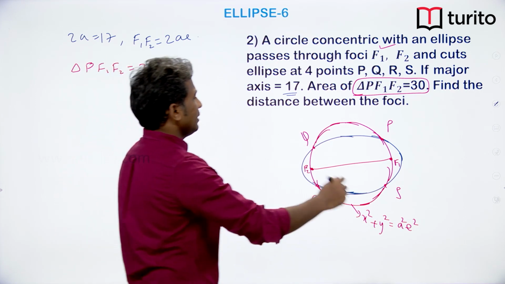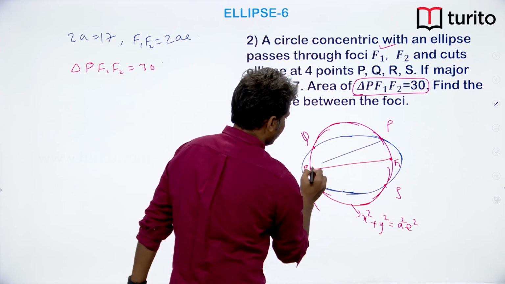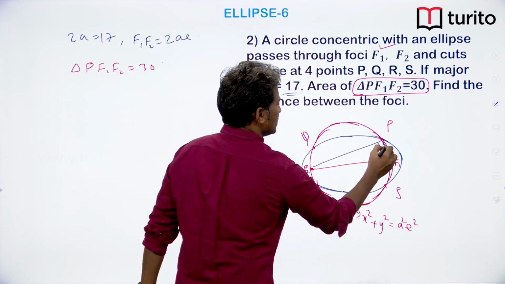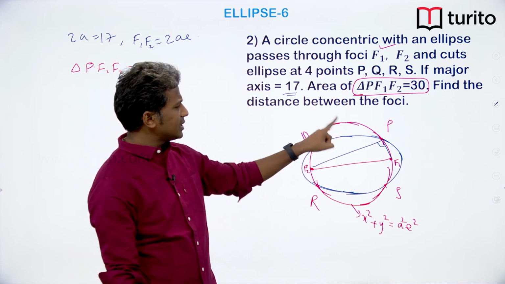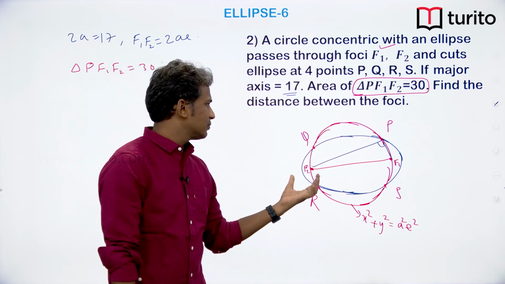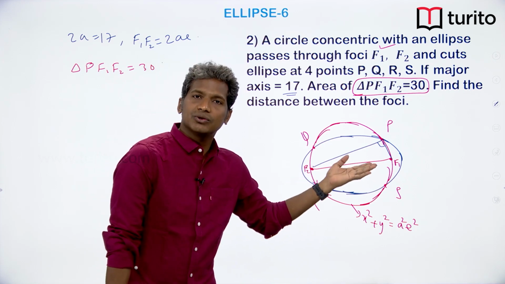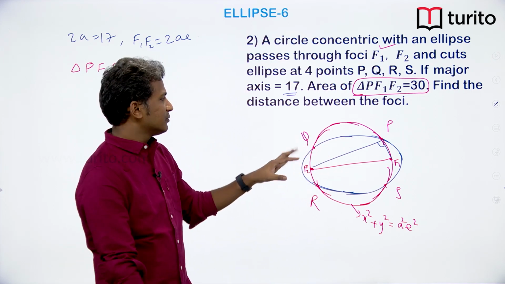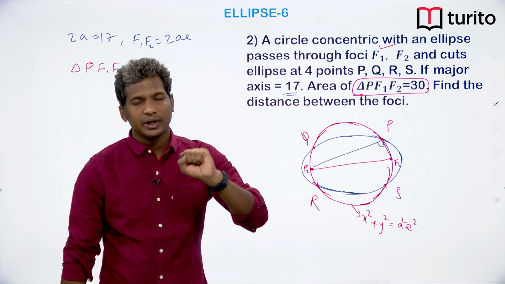From P, if I join F1 and F2, this angle must be 90 degrees because the point P is already on the circle. If F1 F2 is the diameter, it must make 90 degrees on the circle. Which means PF2 and PF1 must be perpendicular.